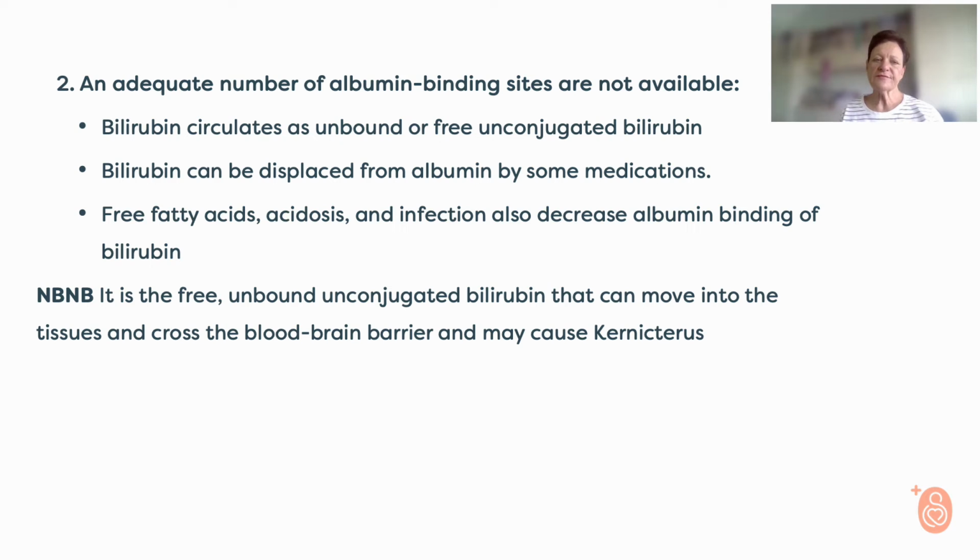Now, there are several reasons why there is an albumin deficiency in the bloodstream. The first might be that there's so much bilirubin, and because there's not enough albumin, there is a high concentration of unconjugated bilirubin.